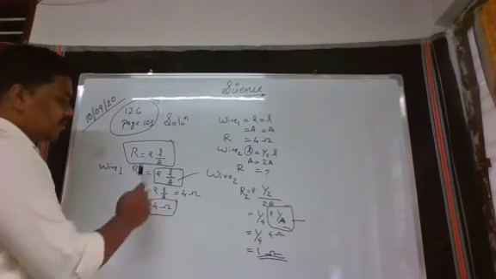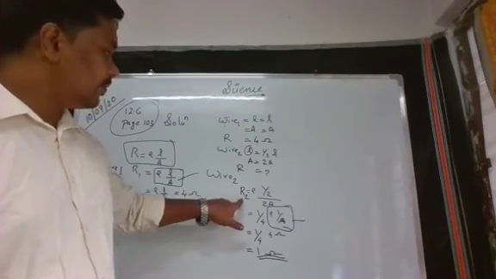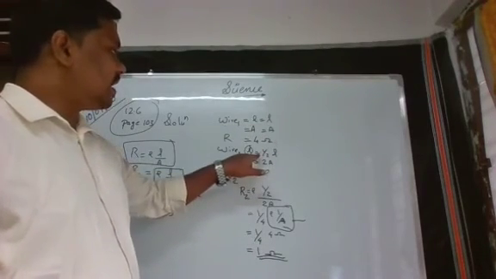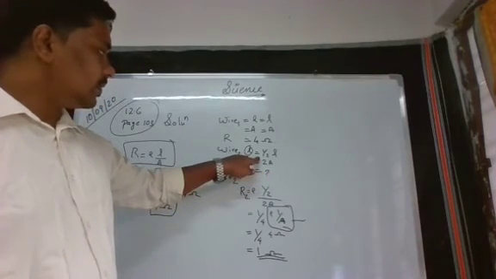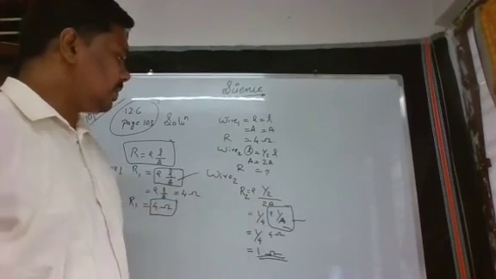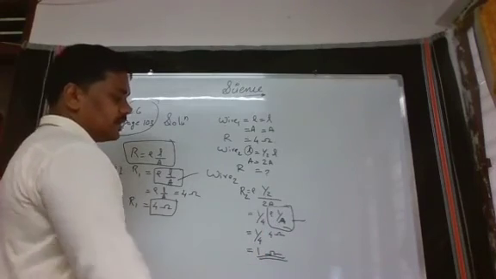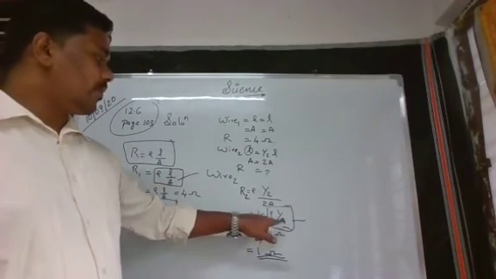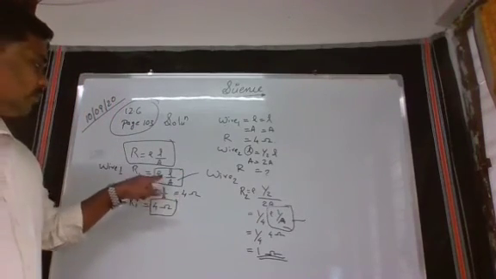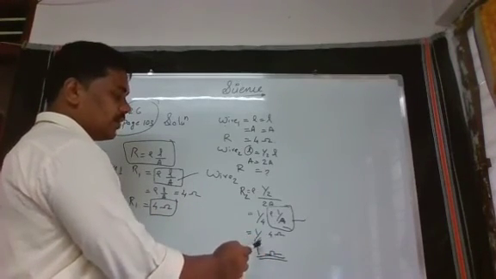In case of wire 2, we wrote the resistance as R2, and since R is equal to rho L by A, we gave the length as 1 by 2 L and the area as 2A. We split it and got 1 by 4 rho 1 by A, and instead of rho L by A we wrote 4 ohm, and while substituting we got the answer as 1 ohm.